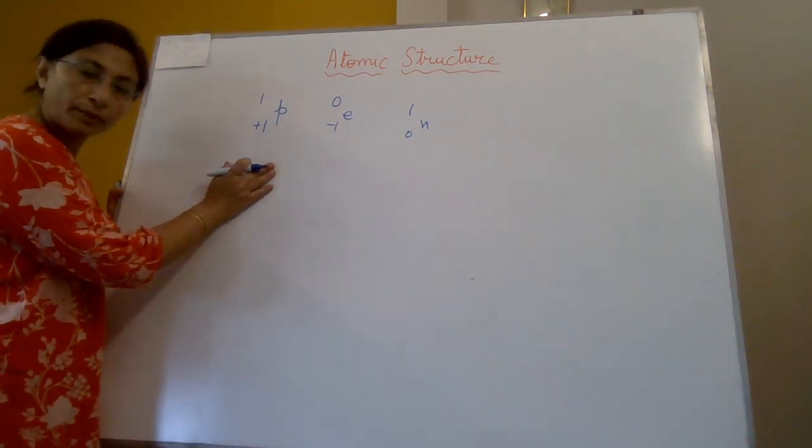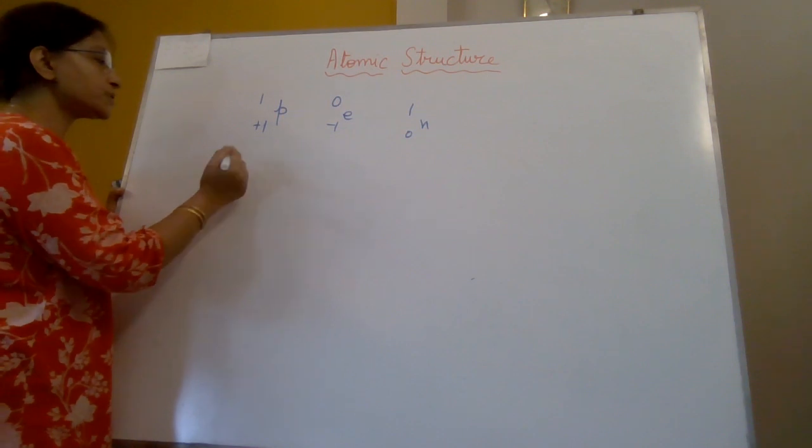Then how are the atomic number and atomic mass represented?